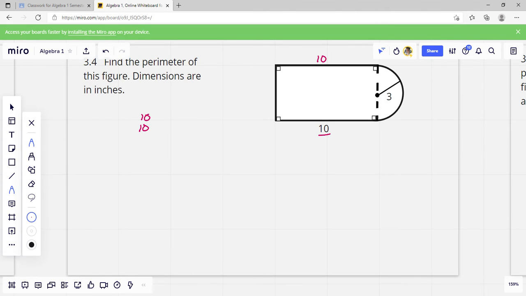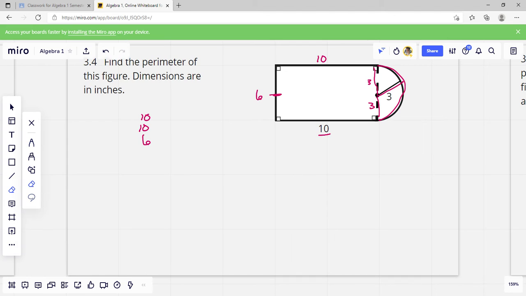Now we need to figure out this one right here. If this is 3 from there to there, that means right here would be 3. And right here would be 3. And 3 plus 3 is 6. So that one's 6. Now we have to find this rounded part right here. Okay.